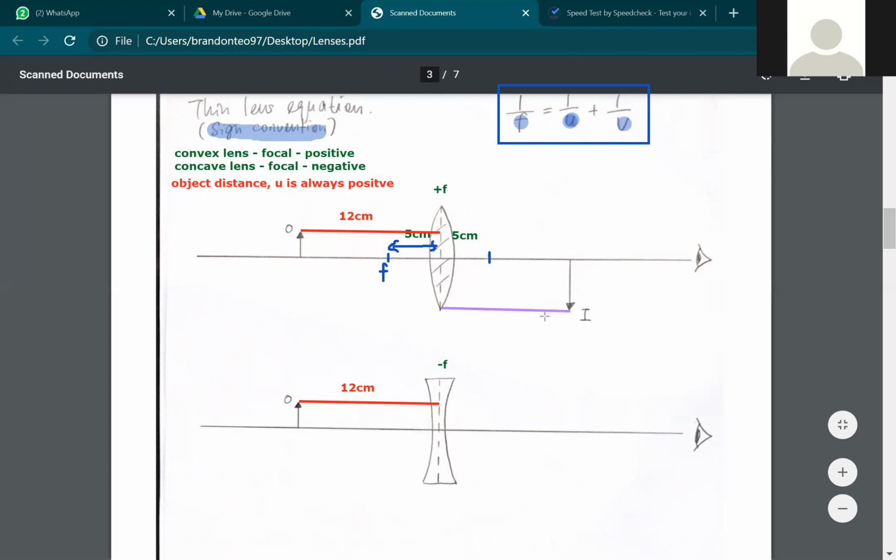This is the image distance. Now, image distance 就比较 tricky 一点点。Image distance 你要看你的 image form 在哪里。Okay, so for example, 如果你看第一个 example 上面这个图，I 是 image. So this image is formed on the right side of the lens. Where is your object? Your object is at the left side, right? Your image is on the right side.